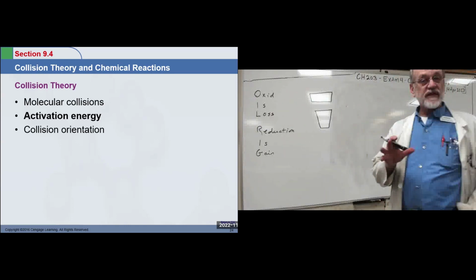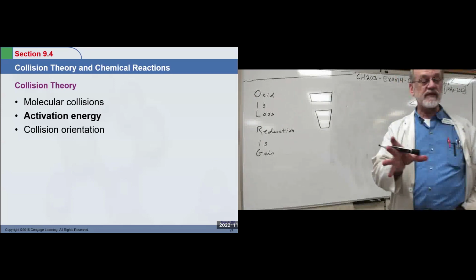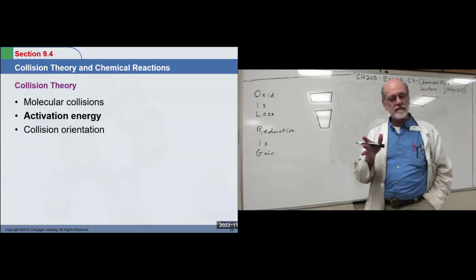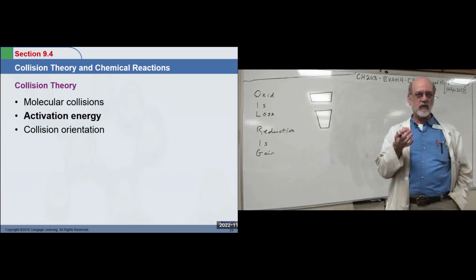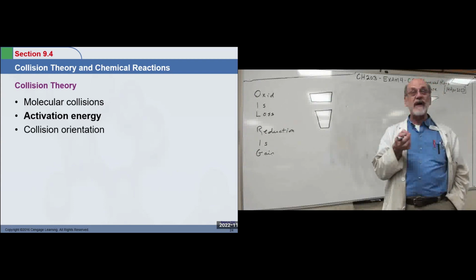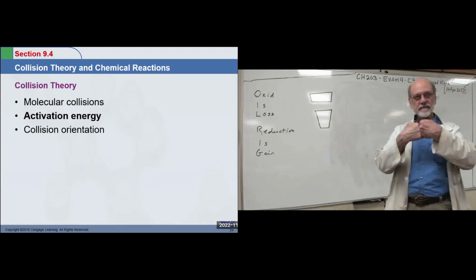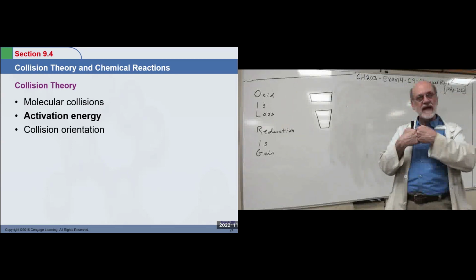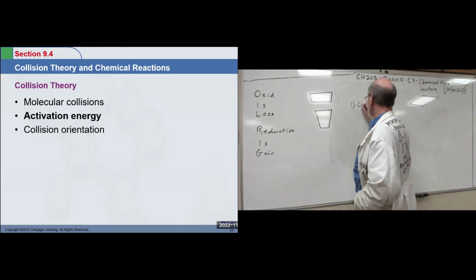But this collision theory is just what it says. During a chemical reaction, the reactants must collide with one another. They have to impact one another at some point. As individual atoms and molecules, they have to meet. Okay? And so there has to be a collision.